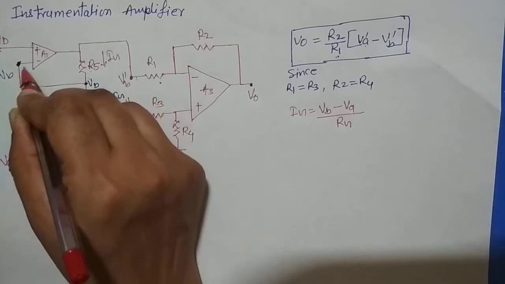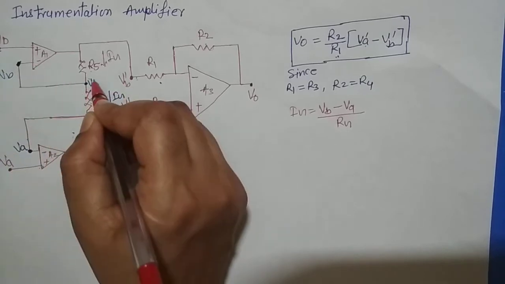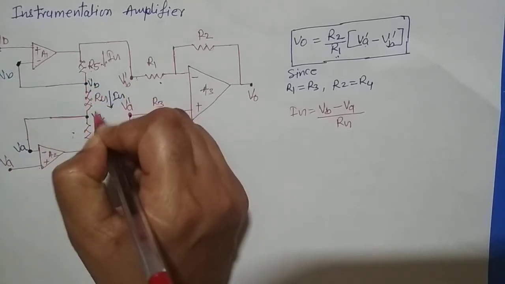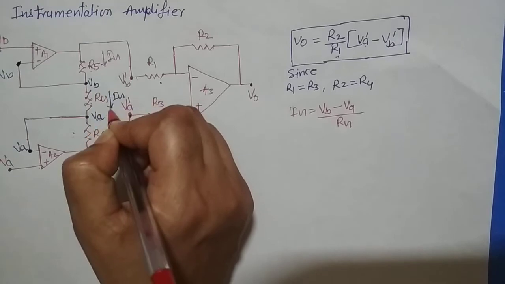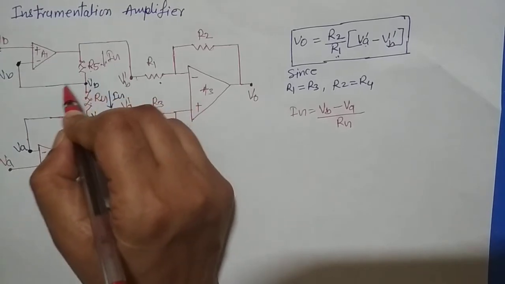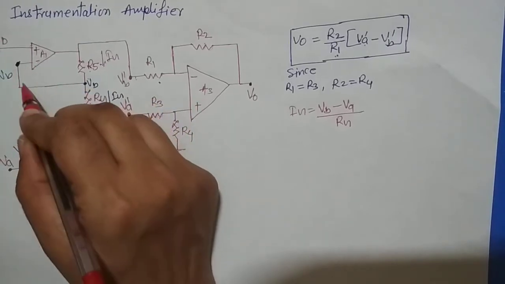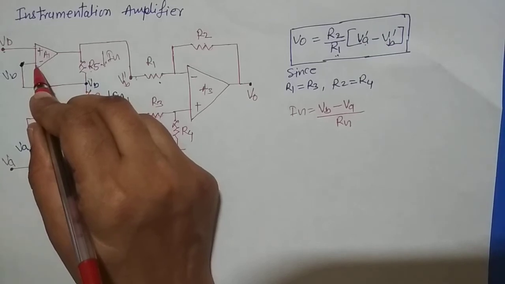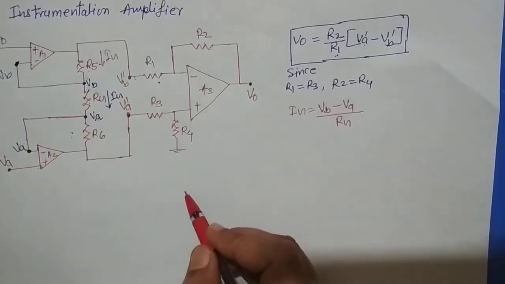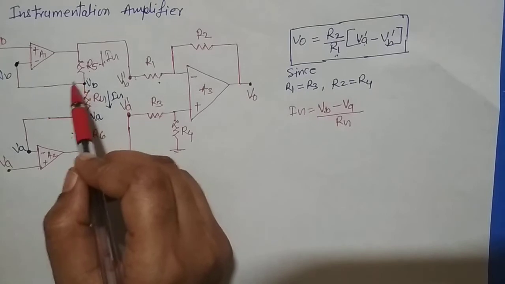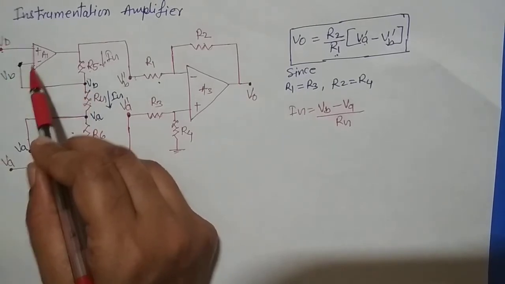One part flows towards the op-amp and the second part flows in this region, meaning IG. But we know that the current towards the op-amp is 0 because of the very high input impedance of the op-amp. So the current in this direction will be 0.